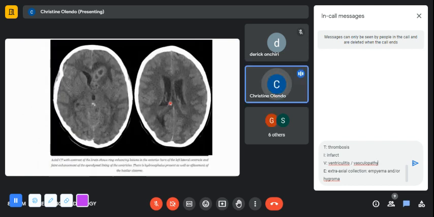Here we have another axial CT scan. We see a ring enhancing lesion at the right frontal horn of the lateral ventricle, and there's also effacement of the ipsilateral horn of the lateral ventricle. There's a ring enhancement with a central hypodense area, and vasogenic edema is visible around the lesion itself.